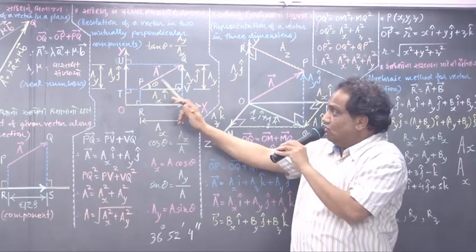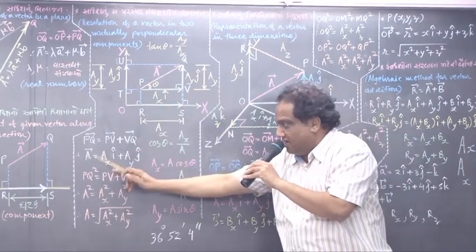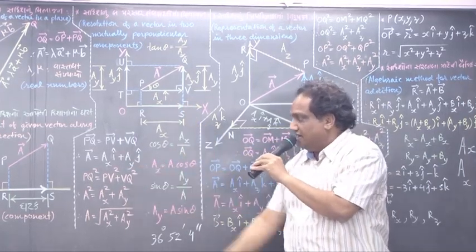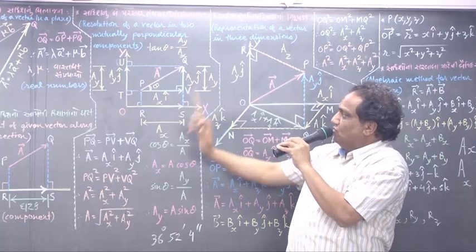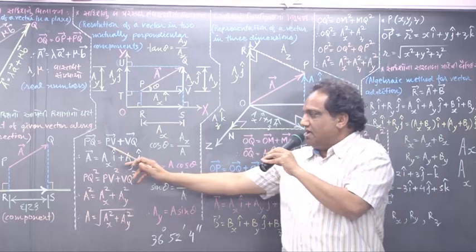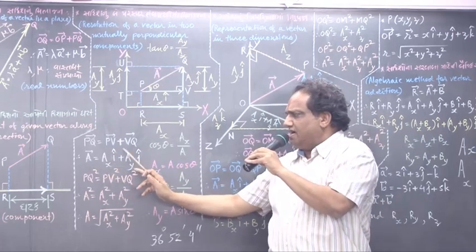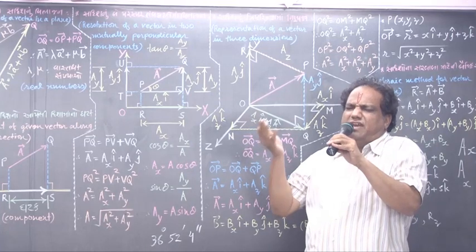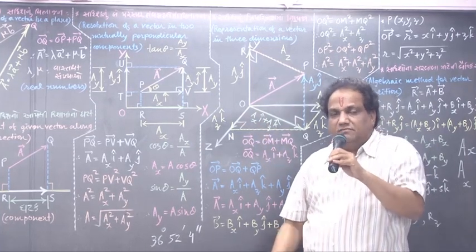What is vector PQ? Vector A. What is vector PV? AX i hat. What is vector VQ? AY j hat. So vector A equals AX i hat plus AY j hat.